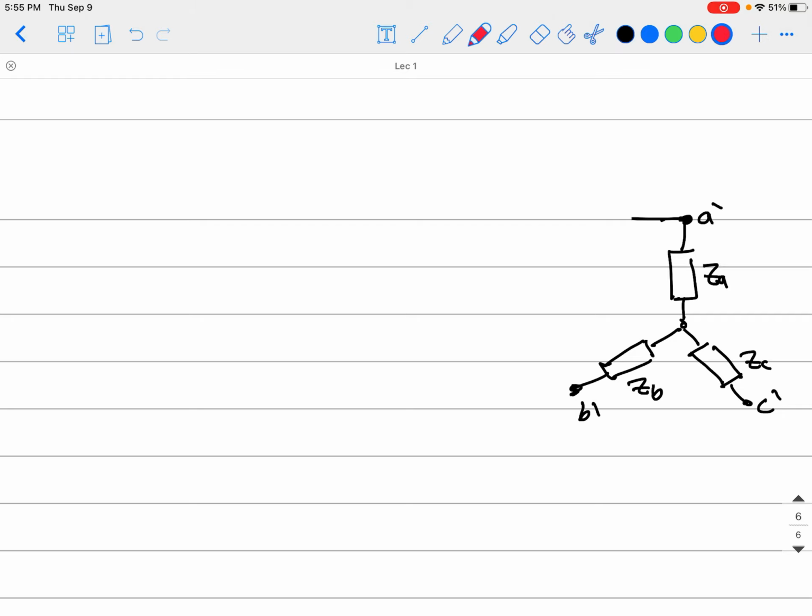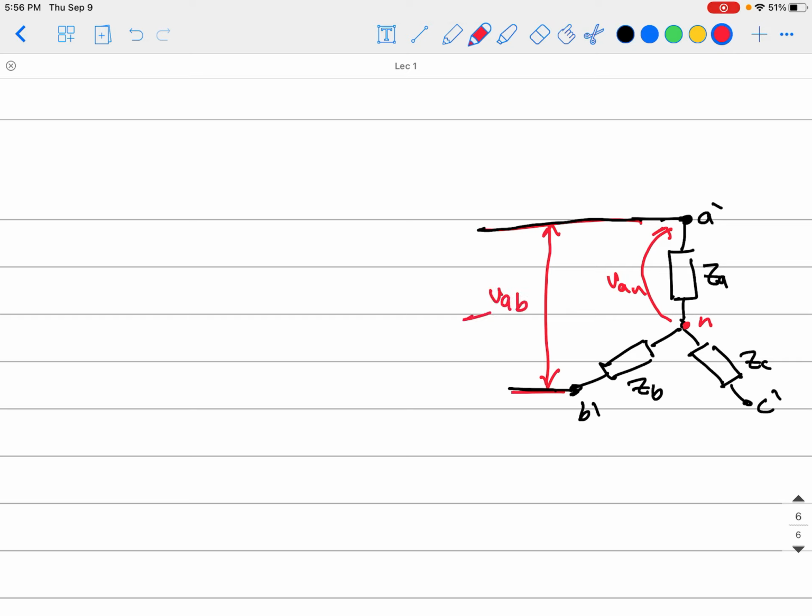So the voltage from here to there is VAN, because this is N. But the voltage between the A and B here is VAB.